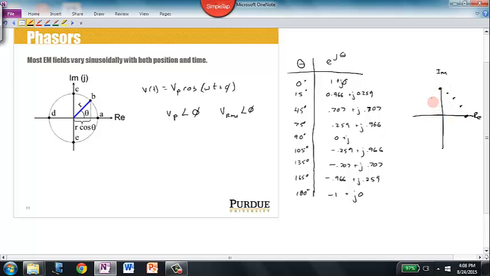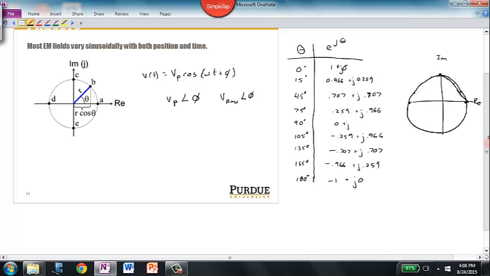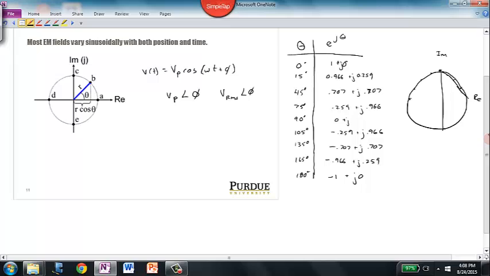Minus 0.259 plus j0.966 puts you over here, minus 0.707 plus j0.707 over here, minus 0.966 plus j0.259 over here, and minus 1 plus j0 over here. My drawing's not that good, but if we were to continue this, we'd get a circle with radius of 1. And e to the j theta is just another formula for what we call the unit circle.